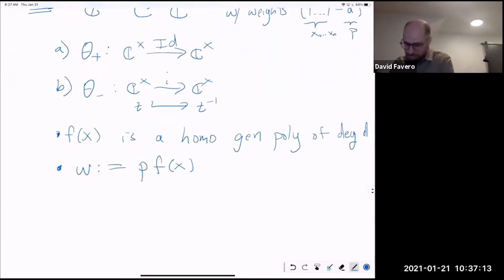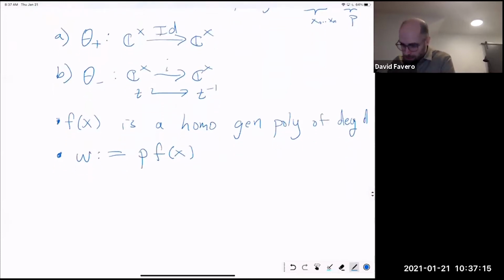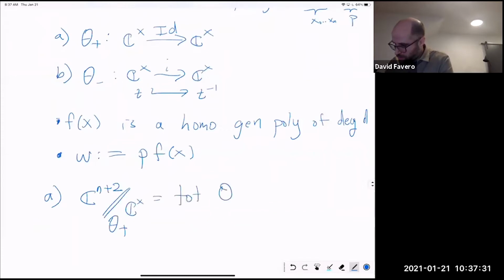Okay. Then if I look at this GIT quotient, this is the total space of O(-d) over P^n. Okay, and the function is pairing with f.